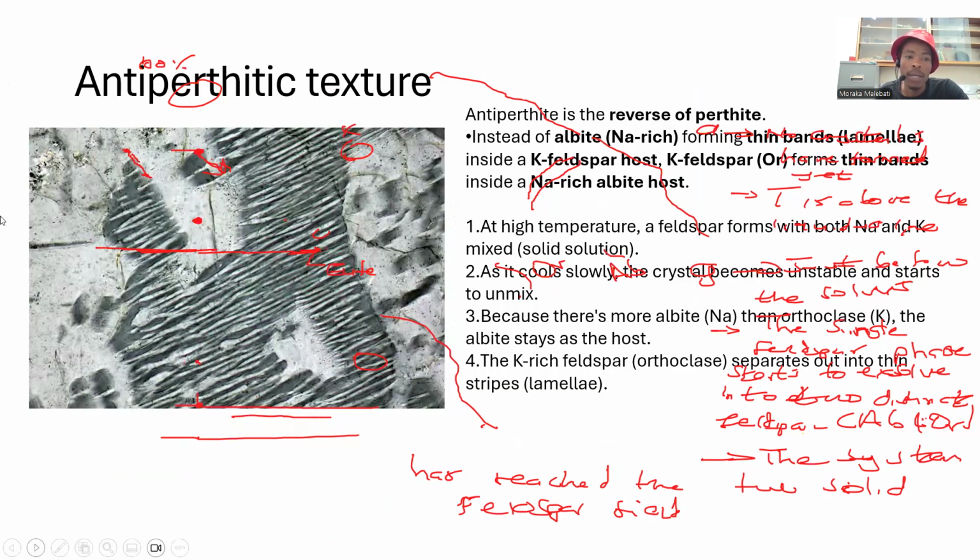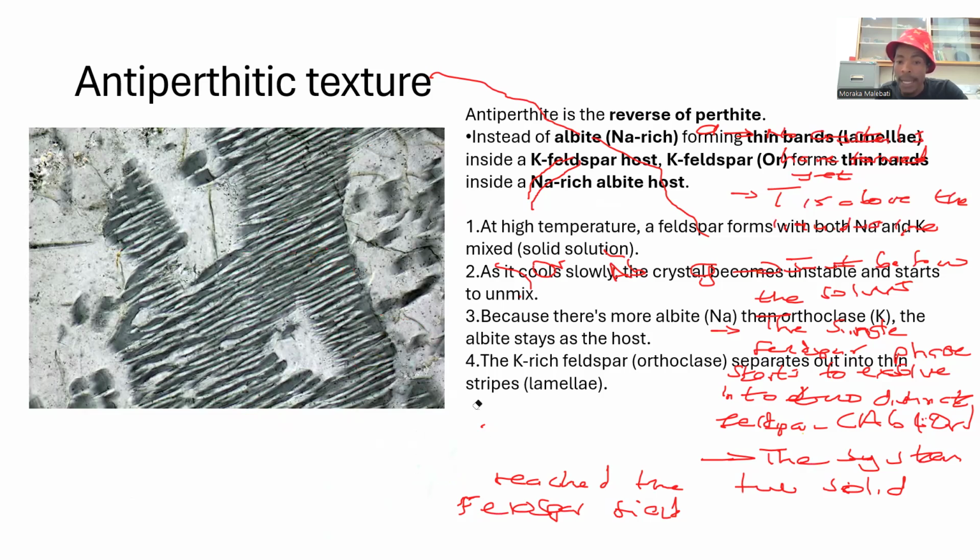But last but not least, we also have the antiperthitic texture, or antiperthite. So antiperthite, like I said, is when you start on the side with more of the albite and less of the orthoclase. It is a reverse of the perthite.